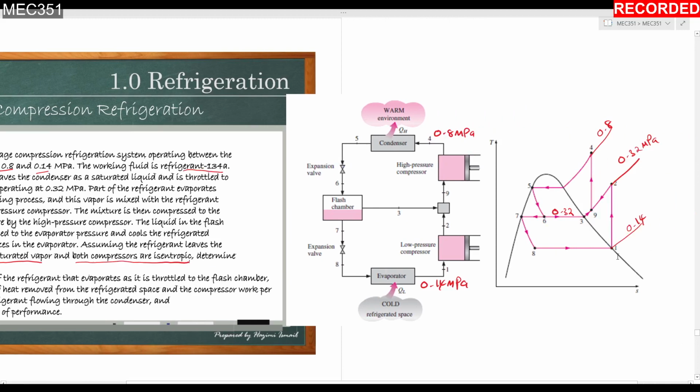State 1 is saturated vapor, like what is shown in this T-s diagram, and all the compressors are isentropic, which means that S1, or entropy 1, will be equal to entropy 2. Similarly for this process, S9 will be equal to S4. Entropy 9 equals entropy 4.